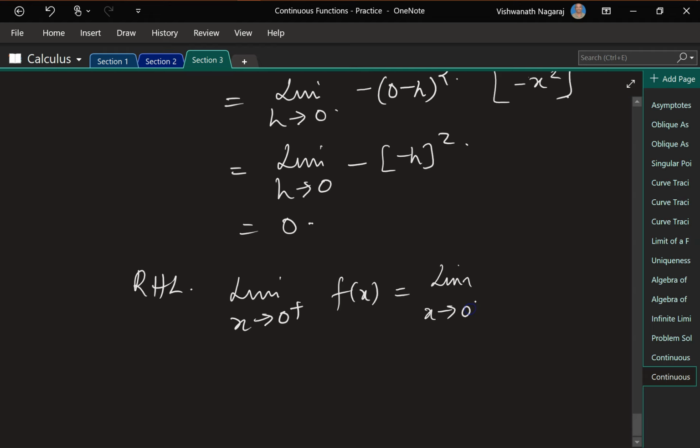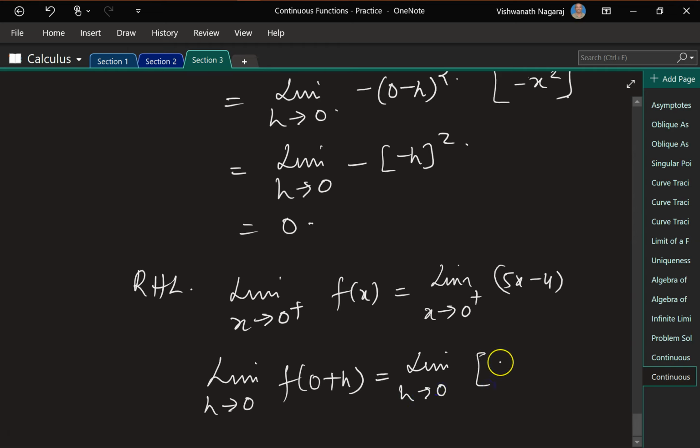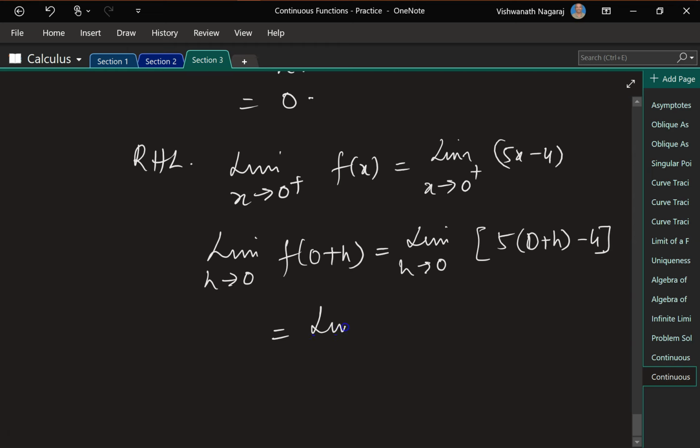So as x approaches 0 from the positive side of 5x minus 4, this can be written as limit as h approaches 0 of f of 0 plus h, which is equal to limit as h approaches 0 of 5 times 0 plus h minus 4, which is equal to limit as h approaches 0 of 5h minus 4, which is equal to minus 4.